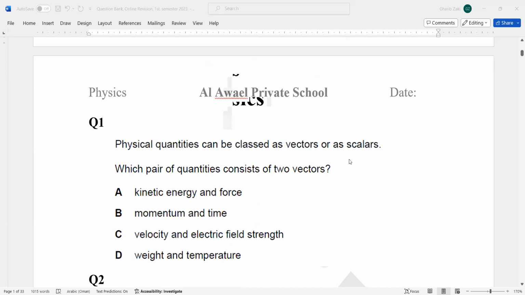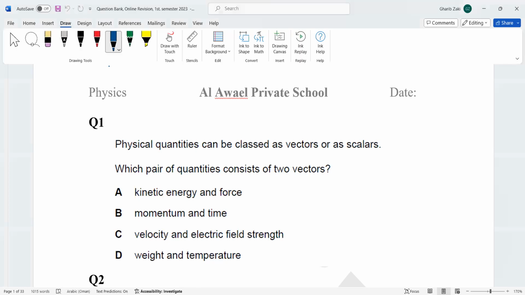First question, talk about physical quantity can be classed as a vector or as a scalar. Which pair of quantities consists of two vectors? I think you know the answer. So the answer here, two vectors. Kinetic energy is a scalar.